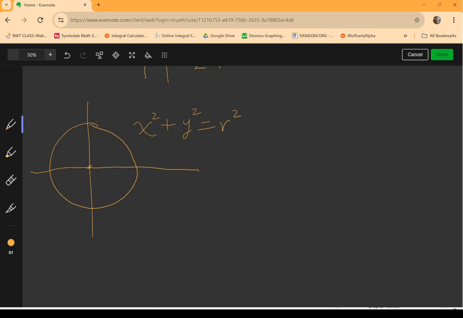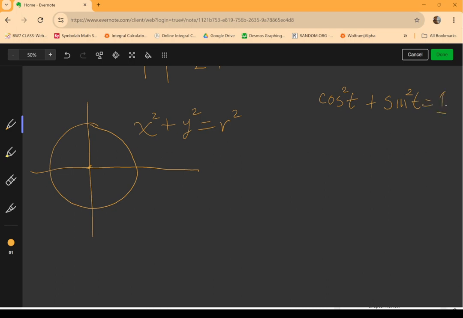Now, very similar to our Pythagorean identity, which we know to be cosine squared t plus sine squared t equals 1.